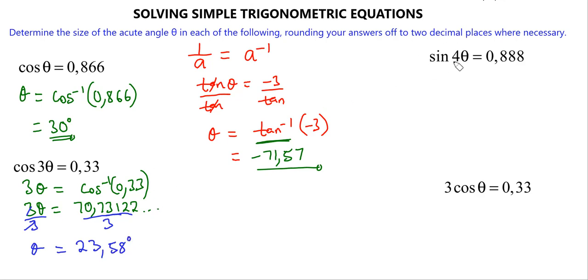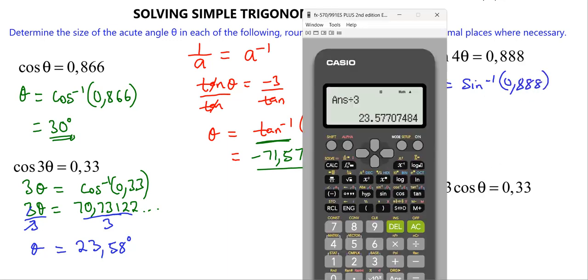Okay, now let's look at this one again. We have a similar situation. We need to get rid of sine first. So it's going to be 4 theta is equal to arcsine of 0.888. Then we close that. Shift sine, we put in the bracket 0.888.